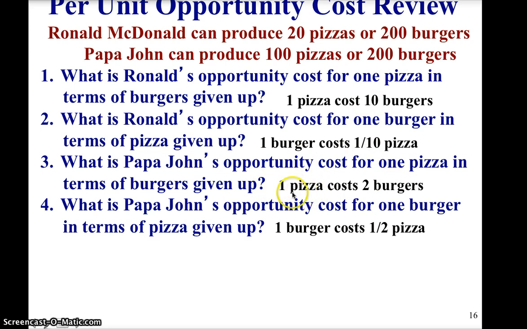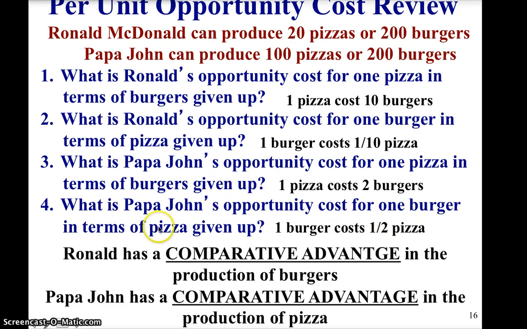So it looks like Papa John should produce pizza, and Ronald only gives up 1/10 of a pizza when he's producing burgers, whereas Papa John gives up a whole half of a pizza every time he produces a burger. So it looks like Ronald should produce the burgers, right? And that is because Ronald has a comparative advantage in the production of burgers, whereas Papa John has a comparative advantage in the production of pizza.